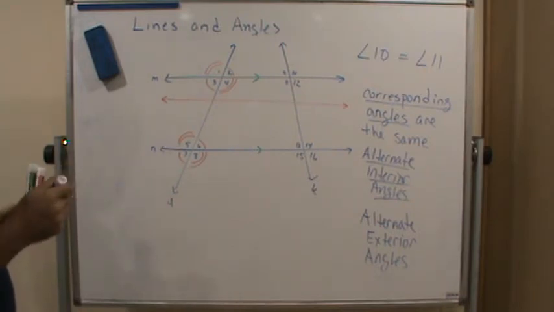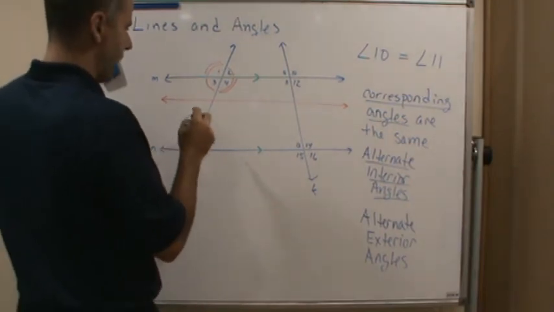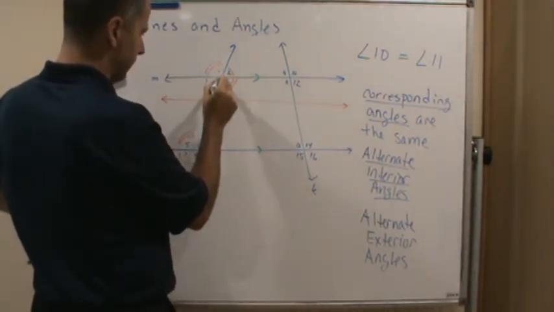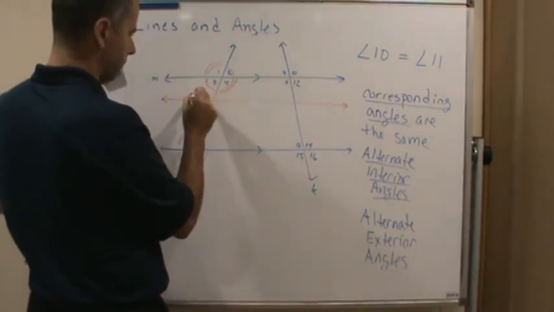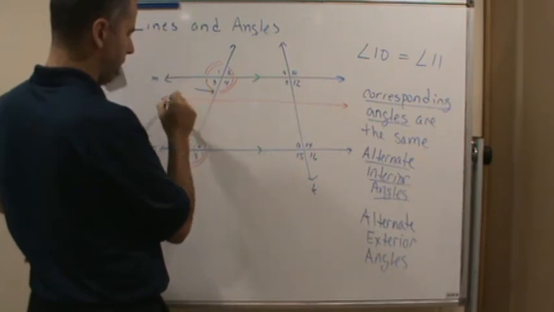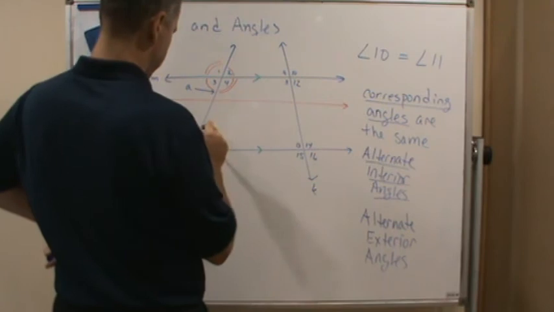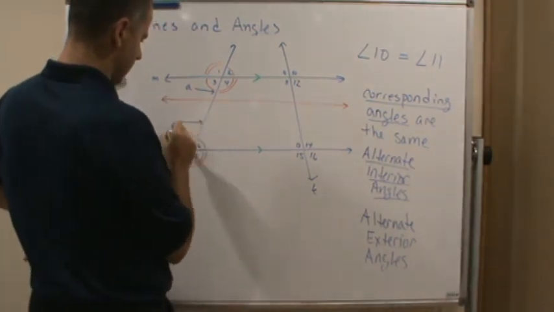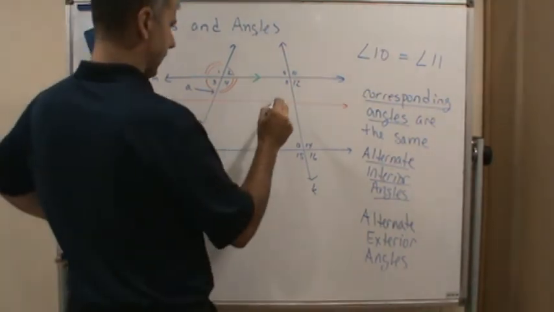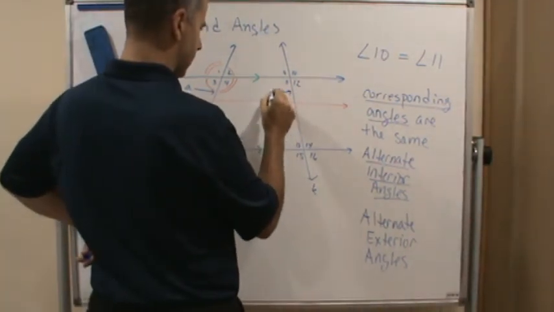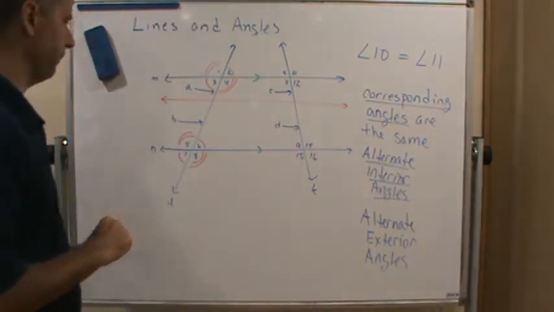Well, I'm going to use lowercase letters here. I'm going to call this line segment lowercase a. I'm going to call this line segment lowercase b, and this line segment here C, and this line segment here D.